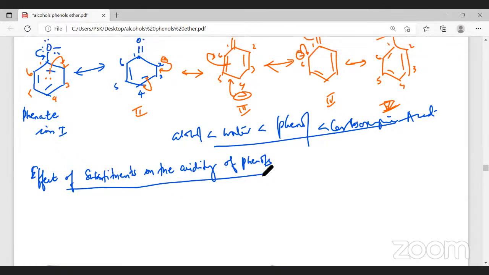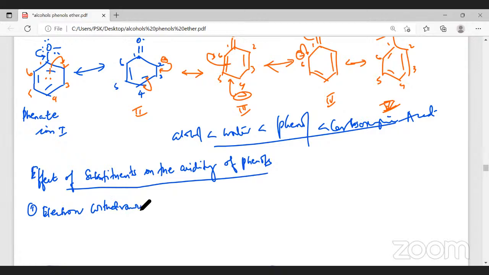When we say effect of substituents, they are of two types. One is electron withdrawing group, the other one is electron donating group. Now you should remember, electron withdrawing group stabilizes the phenate ion and greater is the acidity. The first point is electron withdrawing group.